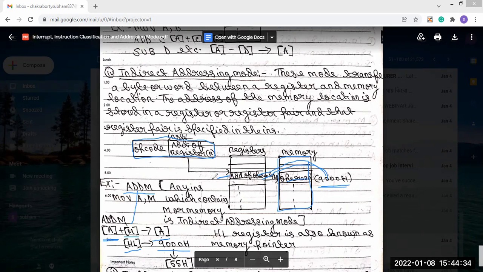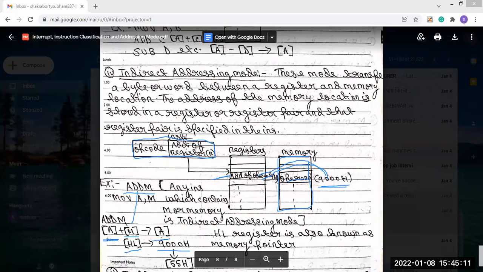For this, there will be another location present, and that should be present in the instruction. So it should be remembered that if any instruction contains capital M, then we call it the memory indirect addressing mode. Because here we are not directly finding the operand. In the register case, we have seen the register is mentioned.